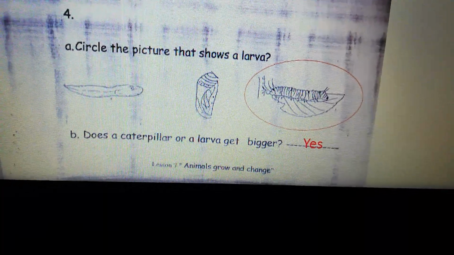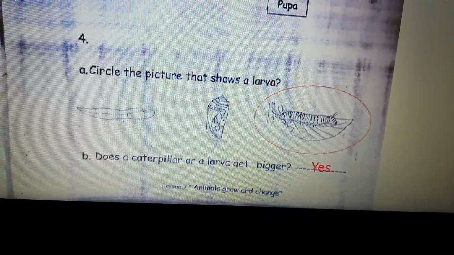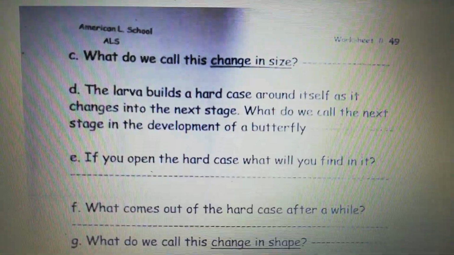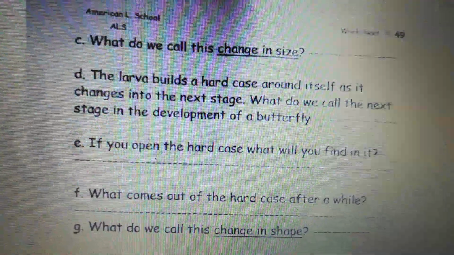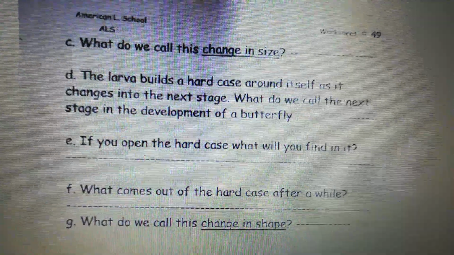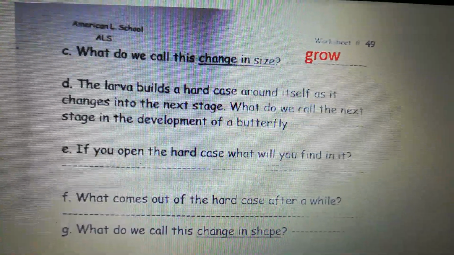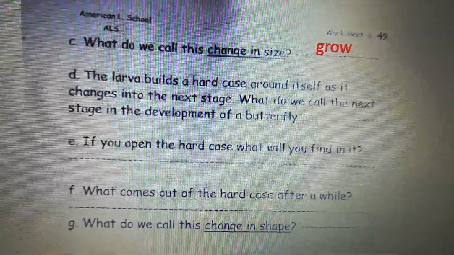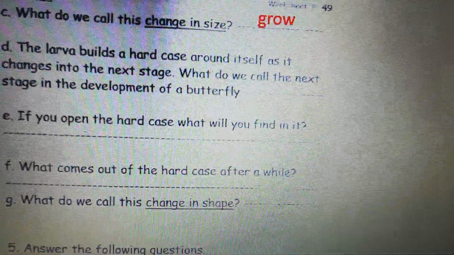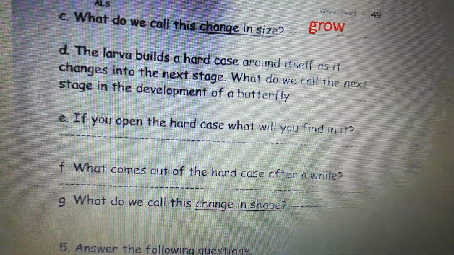The larva eats and it starts to grow into a bigger one. Now, what do we call this change in size? When there is a change in size, we call this grow, because the animal is changing in size only. The larva builds a hard case around itself as it changes into the next stage.